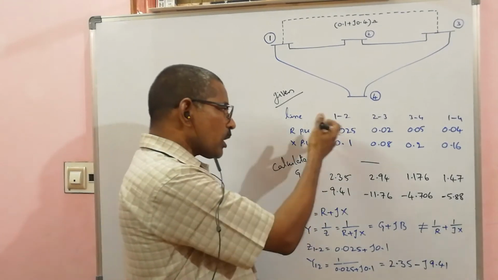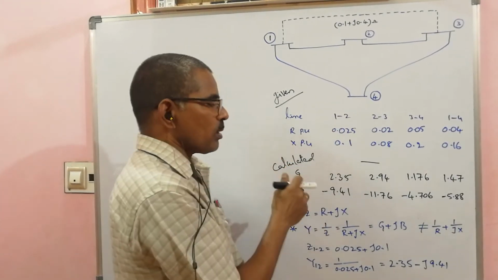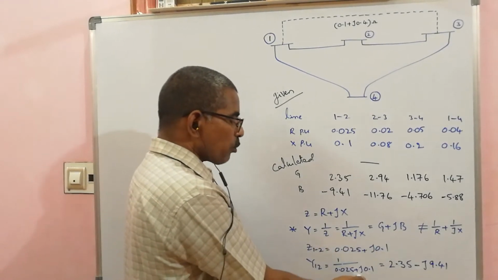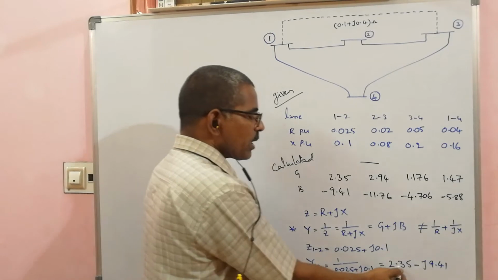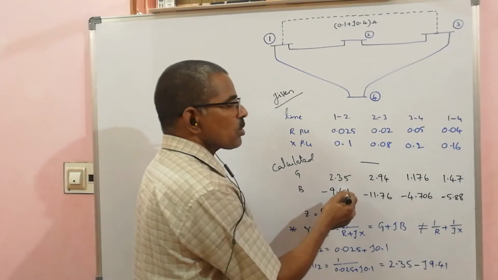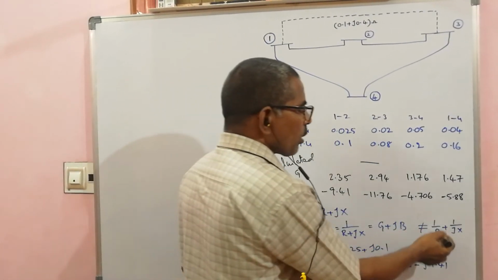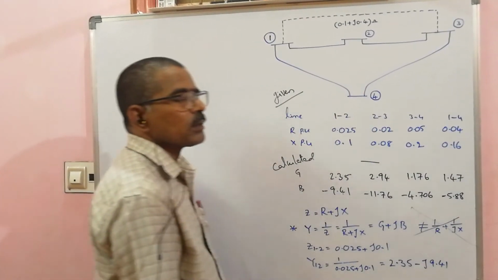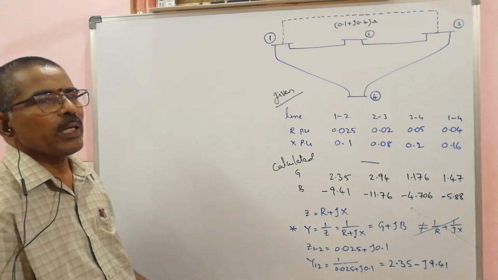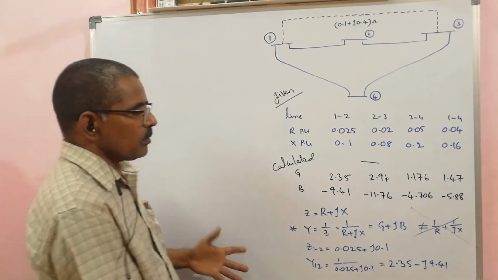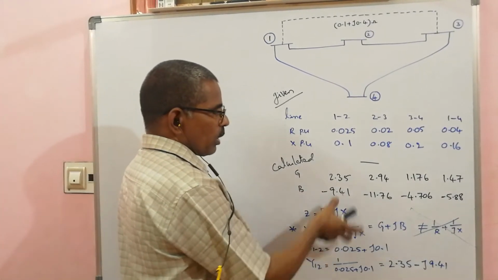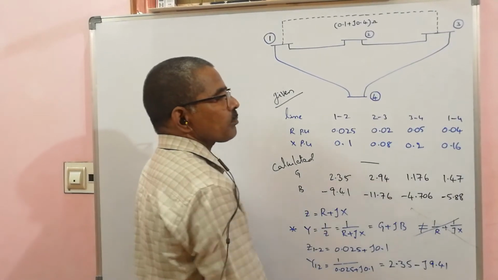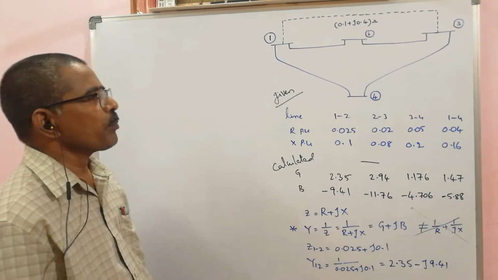You should take the reciprocal of the total impedance: 1 by R plus jX, 1 by 0.025 plus j 0.1. The result gives the correct values. You cannot take 1 by R plus 1 by jX. This is absolutely wrong, so please keep that in mind. I calculated only one; the remaining you can verify. These are to be computed.